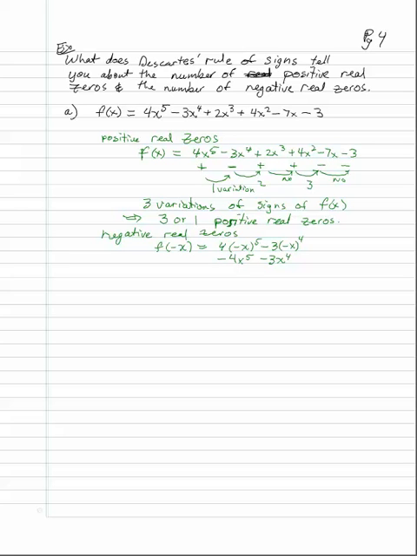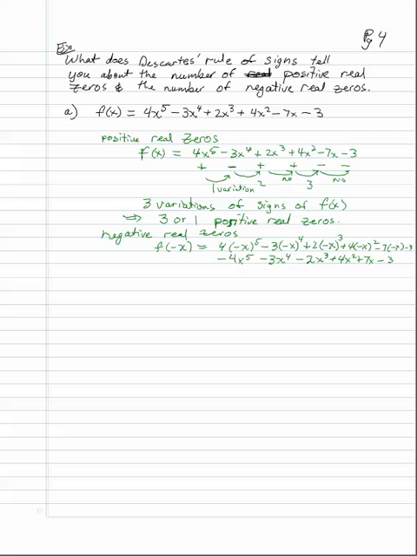So it stays negative 3x to the 4th. X cubed is an odd power, so that negative is going to come out and change the sign of the coefficient. X squared is even, so it leaves it alone, because negative x times negative x is positive x squared. Negative 7 would be plus 7x, and minus 3.